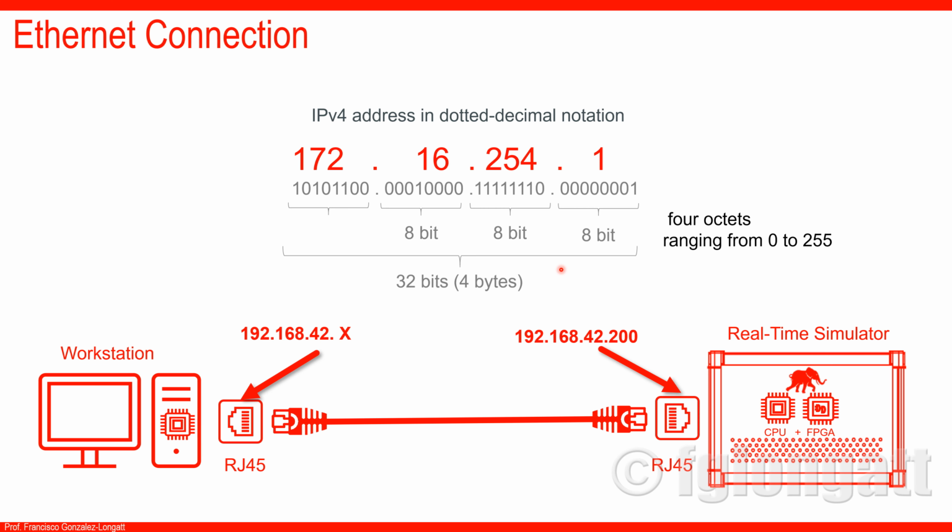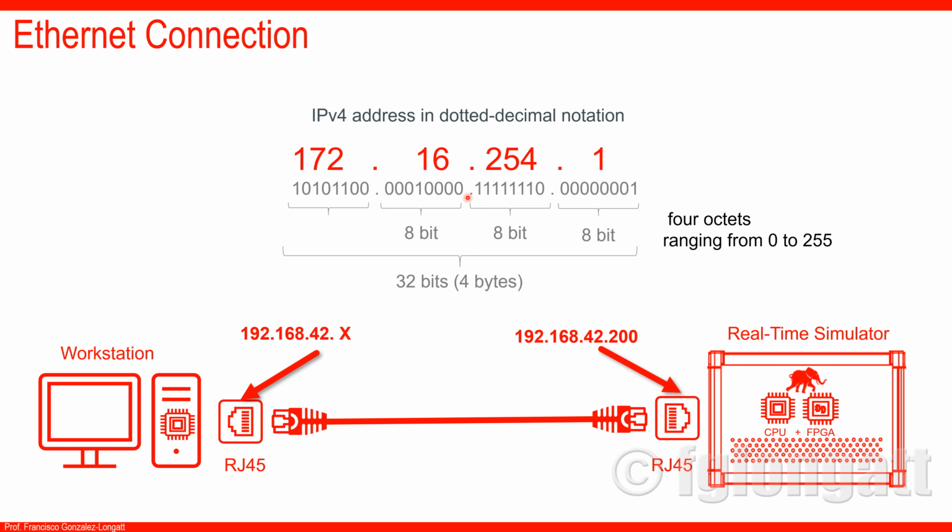And the Ethernet connection is defined by this IP address. The IP address is basically the location of your device inside the network, okay? For instance, when we are talking about IP version 4, we can say that the IP address of one device is basically this number over here, 172.16.254.1, okay?